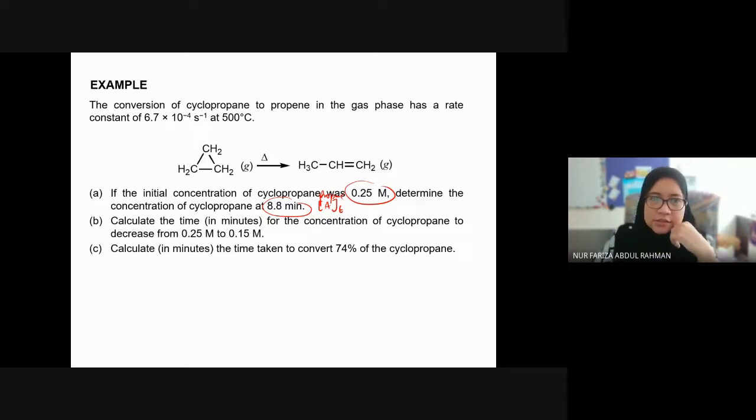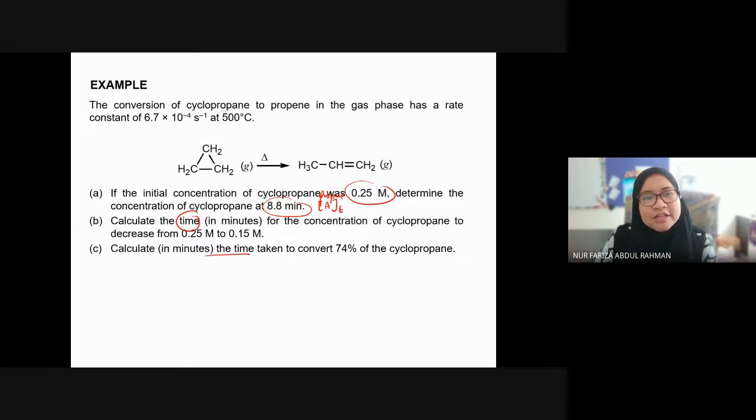This is integrated rate law. And then look at second question, calculate the time. Also integrated rate law. Time lagi, integrated rate law. Okay. It's just now, you have to know which integrated rate law that you should be using.